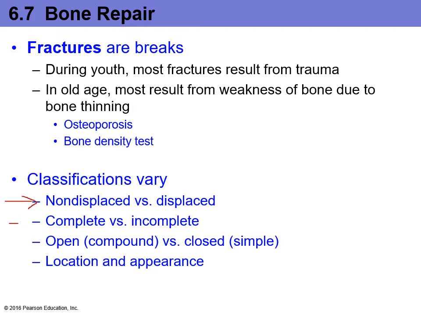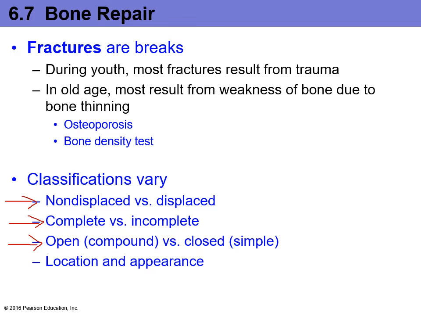Complete would mean that you have a full break where you have two or more separate pieces. Incomplete means that you have a partial break, so the bone is still intact, but it has a tear running through it. Open versus closed. Open means that the break has actually protruded through the muscle and the skin, and closed means that the break is still being held in internally, so it still has the layer of muscle and skin protecting it.